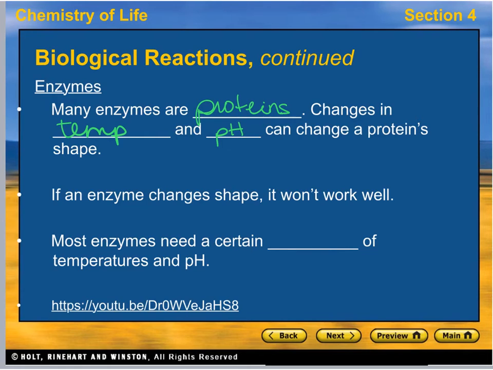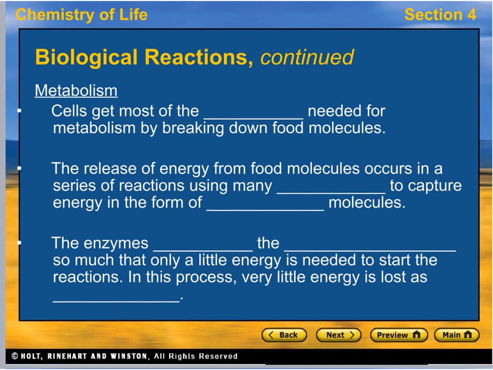So most enzymes need a certain range of temperatures and pH, so that their shape won't change too much and they won't stop working. Right here is the link, and this link is also posted on the Mauer Math site. I would highly encourage you to go and watch it, because there are some better explanations and visuals that will maybe help you understand this a little more.